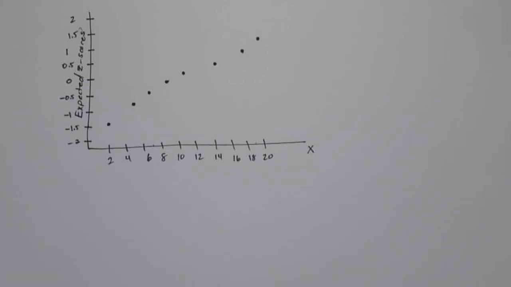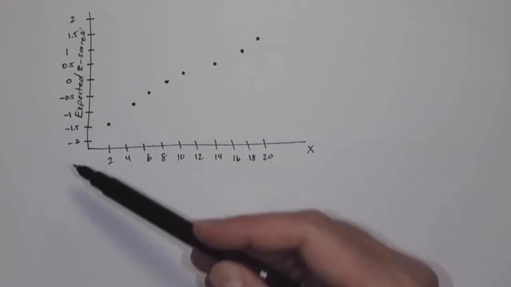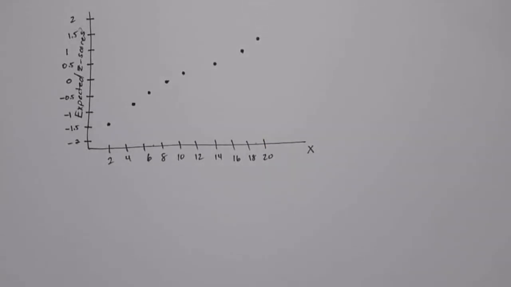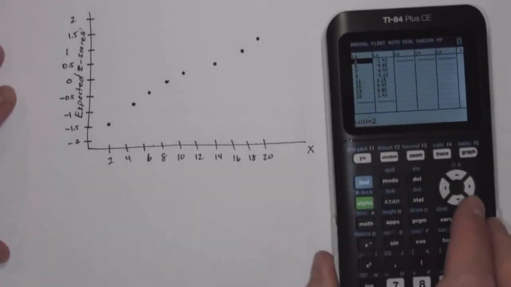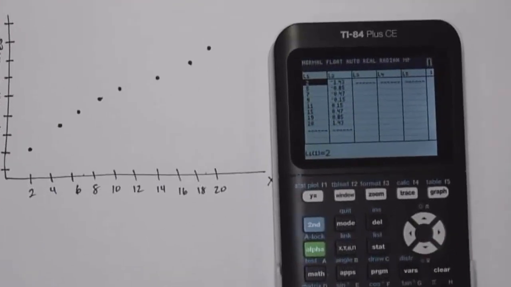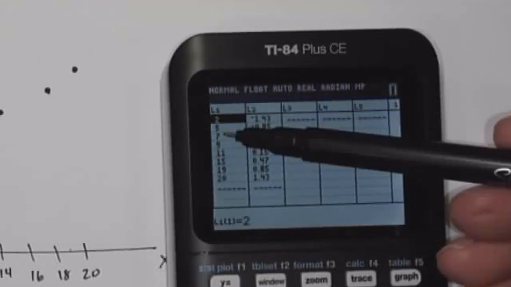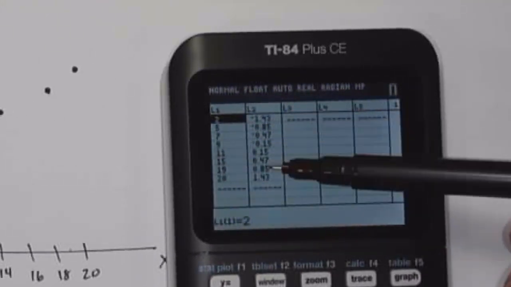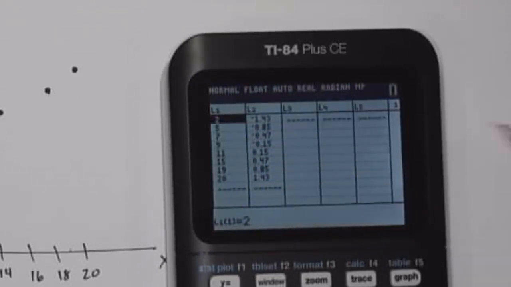Okay? So if I want to find the correlation coefficient, then I can enter the data values along with the expected z-scores into my calculator or into StatCrunch and find the correlation coefficient. So if I bring in my calculator, now I have entered my data values along with their expected z-scores into list 1 and list 2.